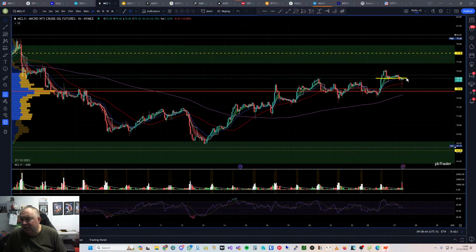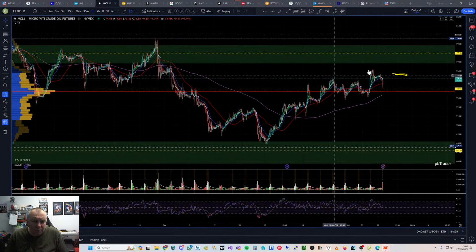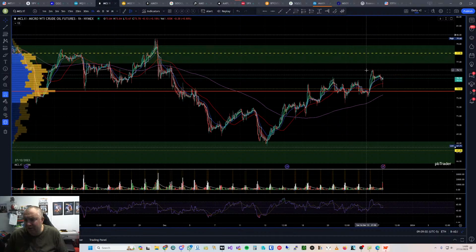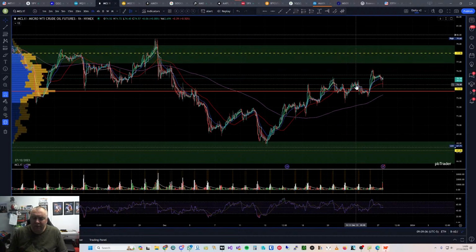So potentially it could be a higher risk long, because it's so close to where we are. Maybe the break above 75.50 for a long. Possible first target could be 76.20, 76.18, and then maybe this 77 area.